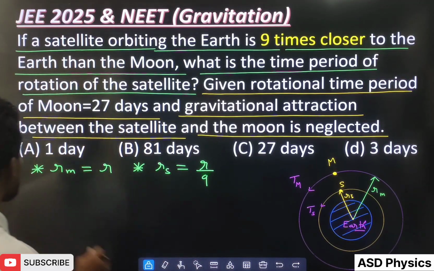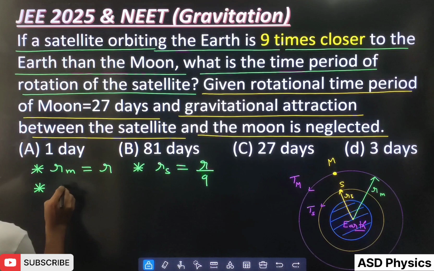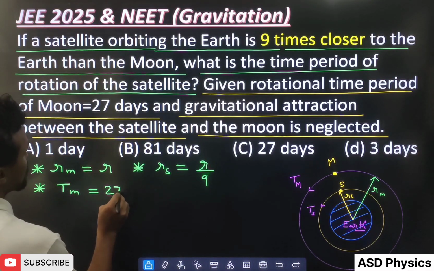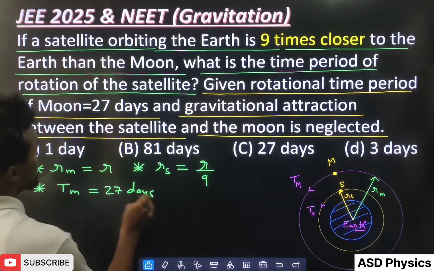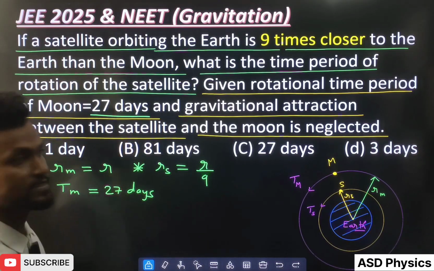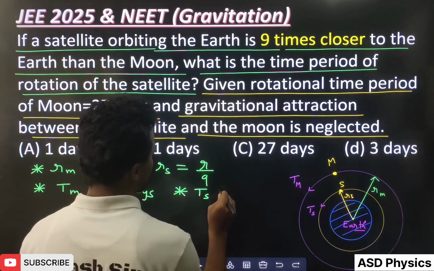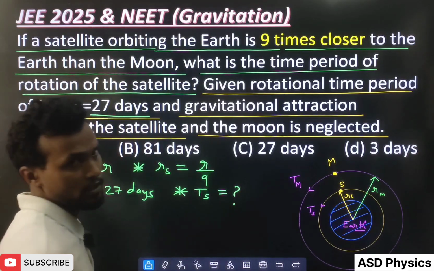After that, the time period of the Moon, what they are telling in the question, is 27 days. Then they are asking what is the time period of the satellite. This we have to calculate.